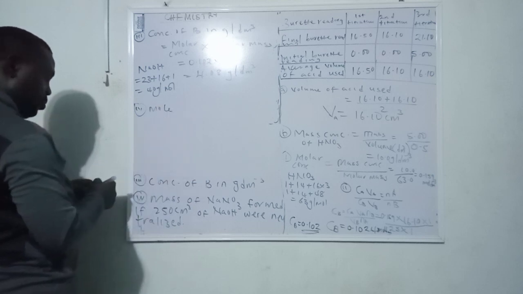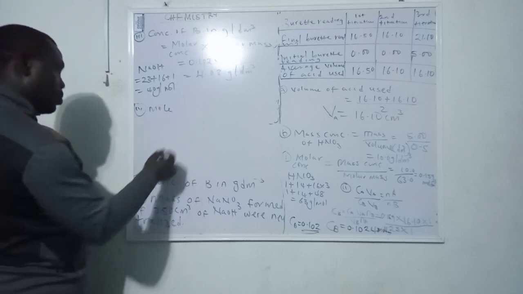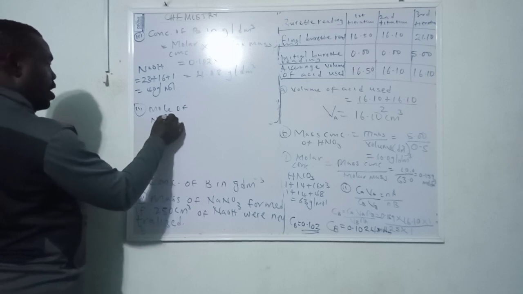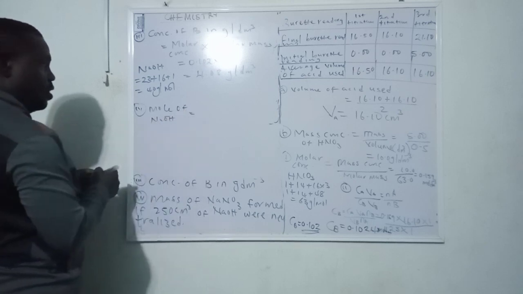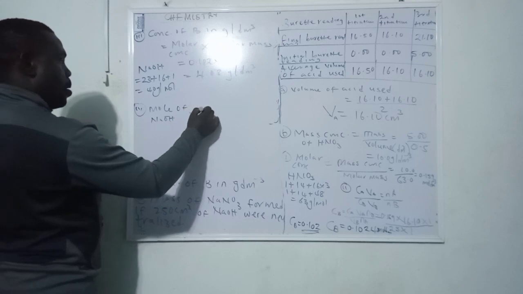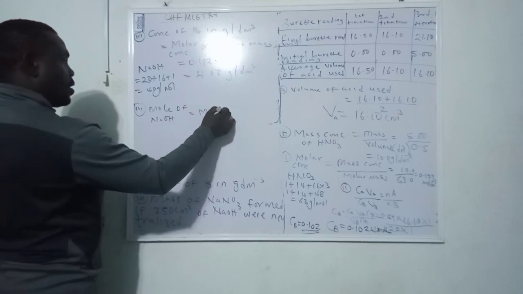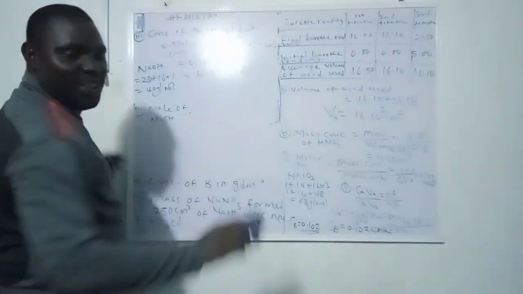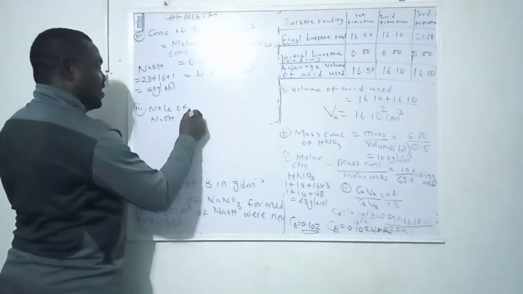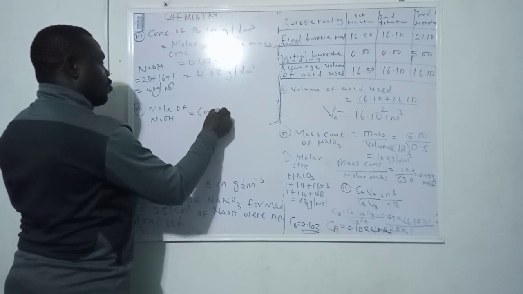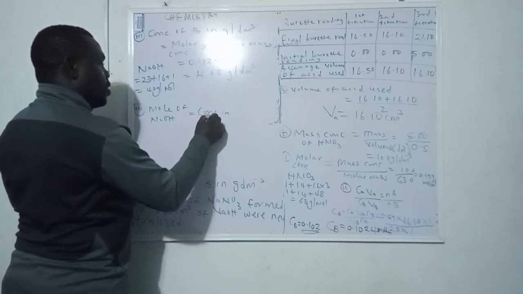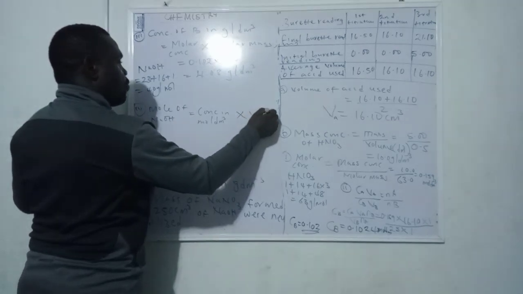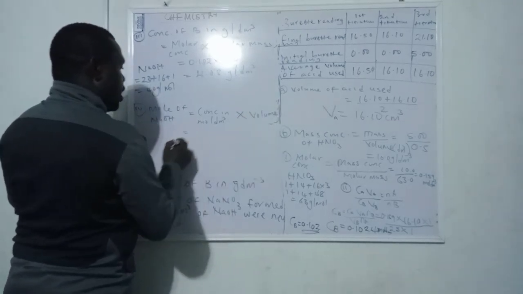Mole of sodium hydroxide is equals to concentration in mole per dm cube multiplied by volume. Please know all of this formula.